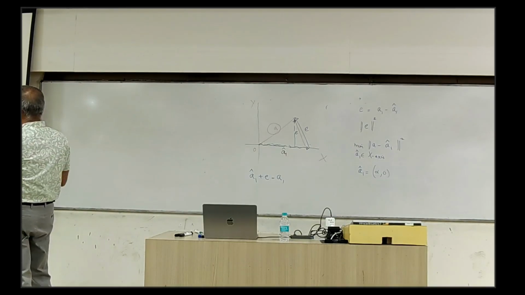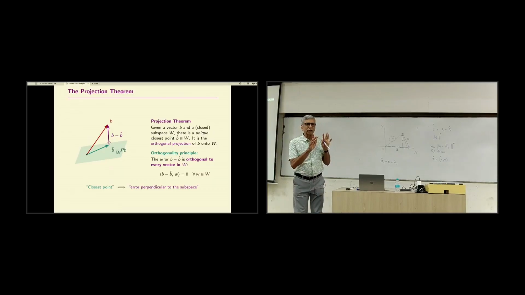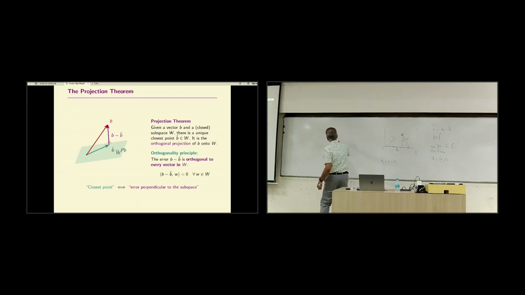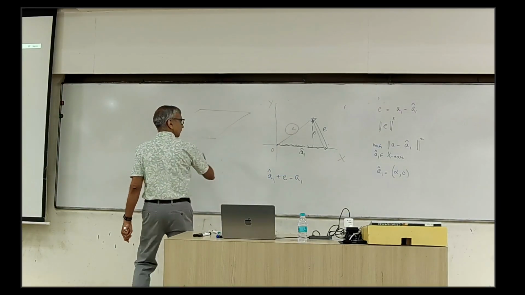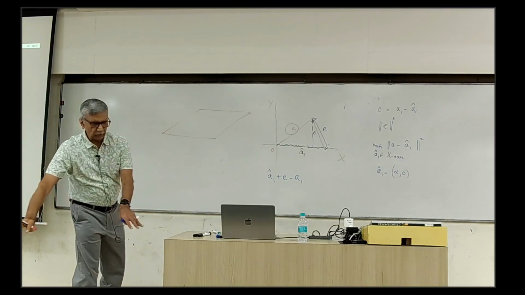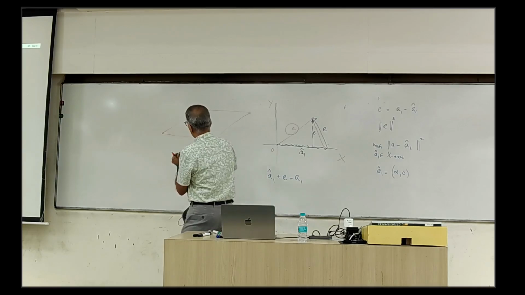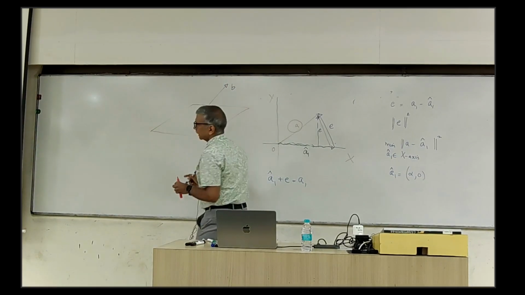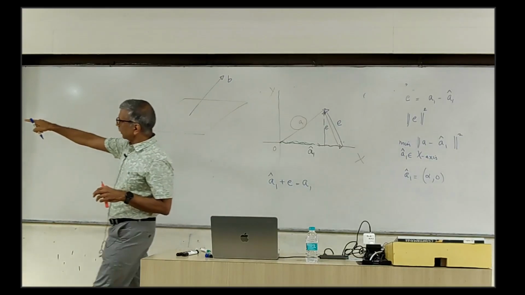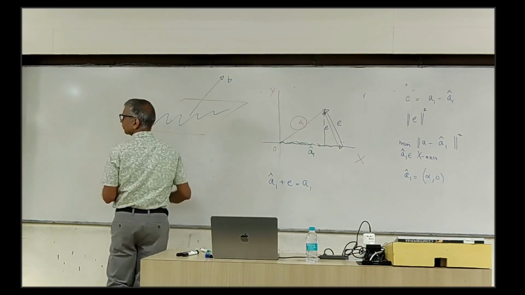Given a vector B and a closed subspace W. Okay, that's a little bit of jargon. Closed subspace, let's not worry about that, but let's think of it in terms of a picture. Let's think of a plane, say in this room, or think of this floor, right? I have a vector which is B. I want to find the best approximation of B on this floor, right?